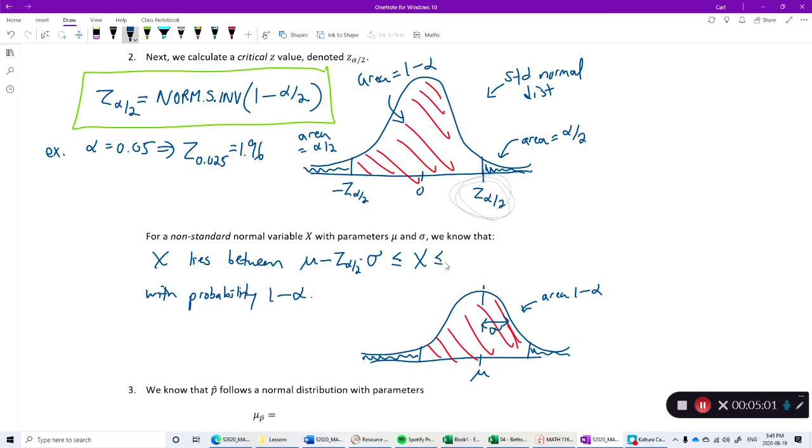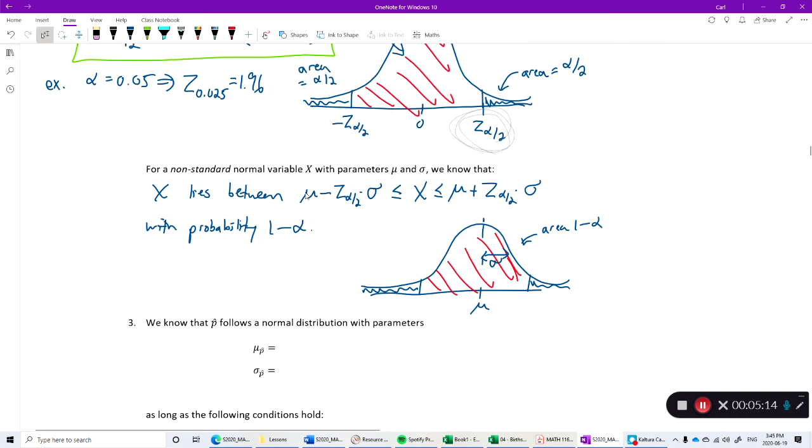And if I go from mu up by that many sigmas, 1.96 times sigma, then that's the upper limit. So X will lie between these two limits with probability 1 minus alpha. And that's because Z is the number of sigmas. That's what Z means. It's the number of sigmas away from the mean.